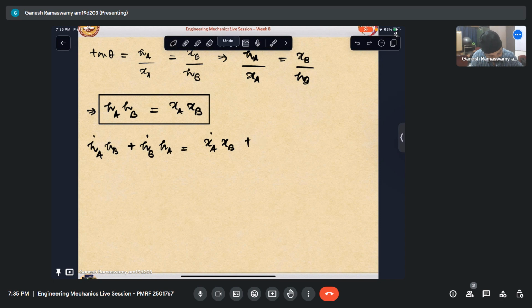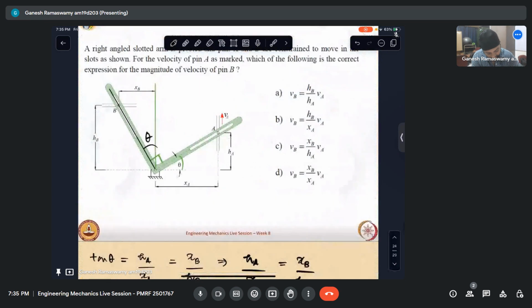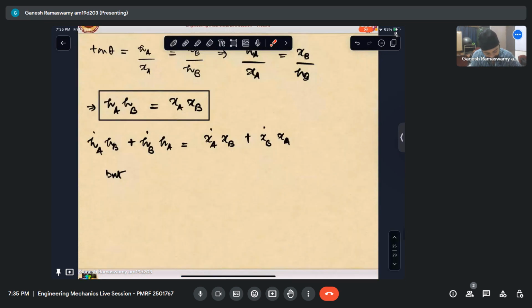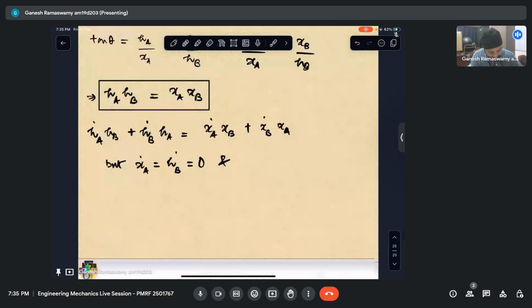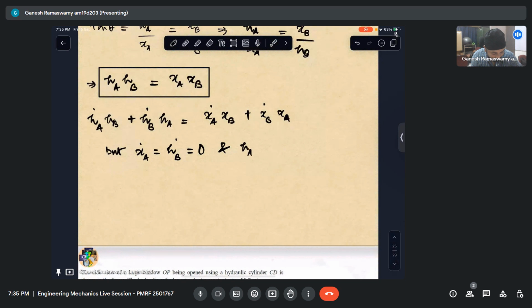I've just applied the product rule. But from the figure, I know that XA and HB are fixed quantities, so their derivatives equal 0. And I know that HA dot is nothing but VA, and XB dot is VB.